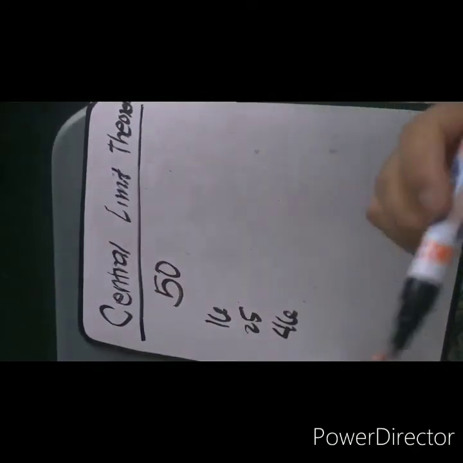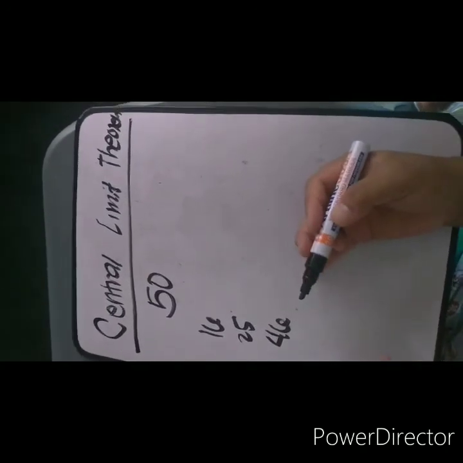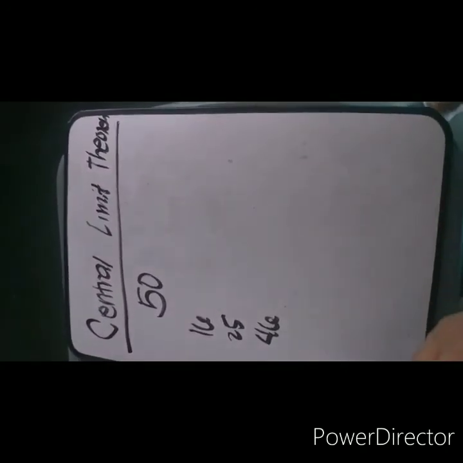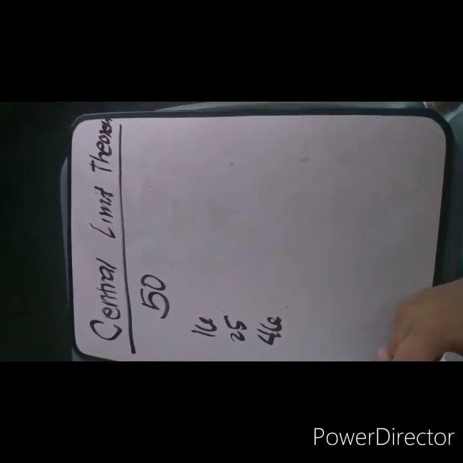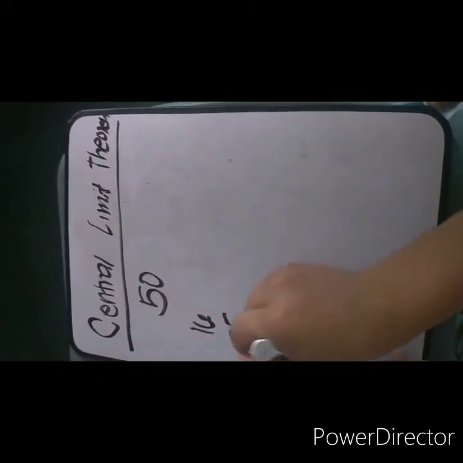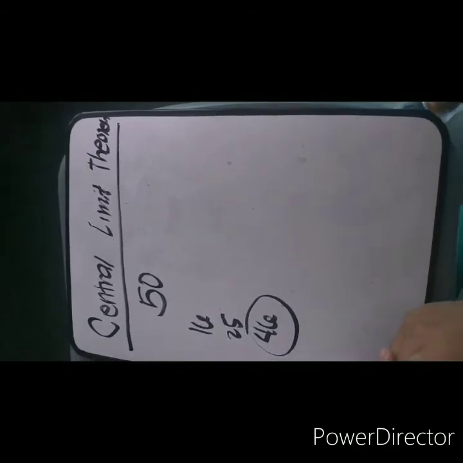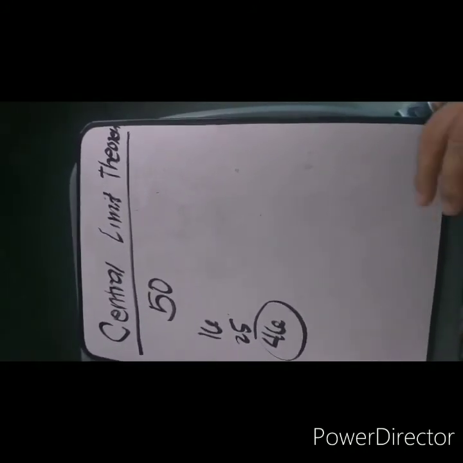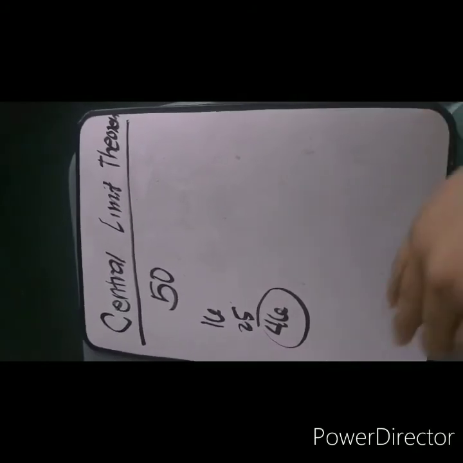Now, for the central limit theorem, which do you think has the most reliable data or output? Of course, the 46. Because the larger the population size, or I mean the sample size, the bigger probability that you get to the normal curve.